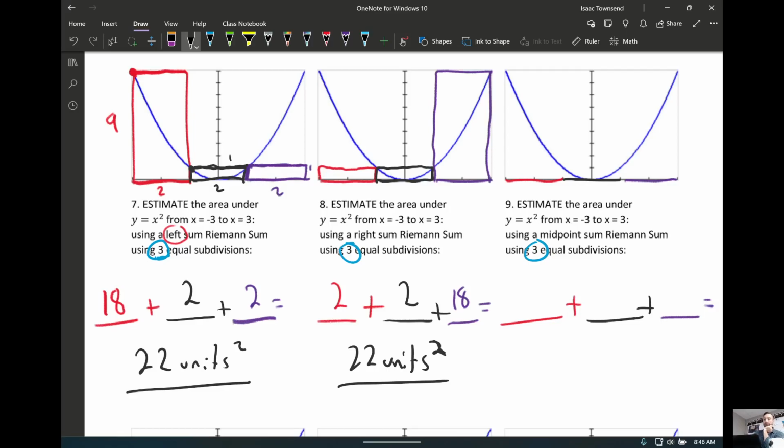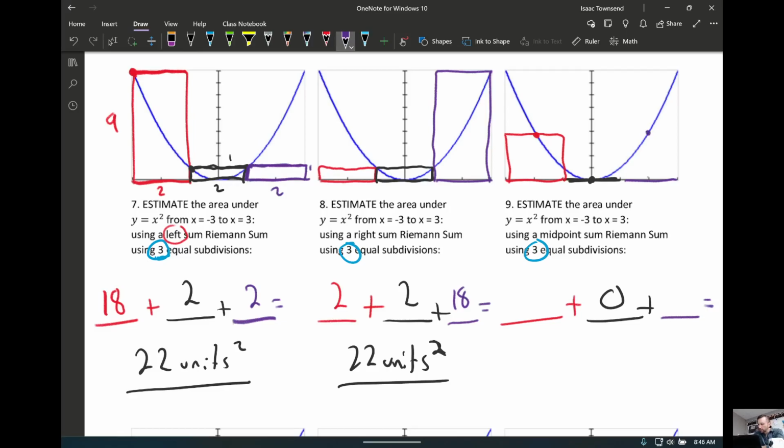Okay, and then as you could probably guess, midpoint is going to determine the width of the rectangles in the middle. So this red rectangle, I'm going to take the middle x value, and wherever it hits the function, that's going to determine the width of this one. For the middle rectangle, the middlemost x value, wherever it hits the function, is going to determine his width. That guy has a width of 0, so he has an area of 0.